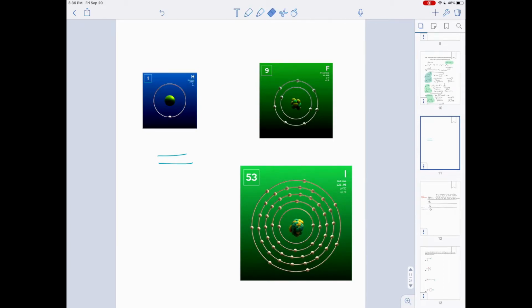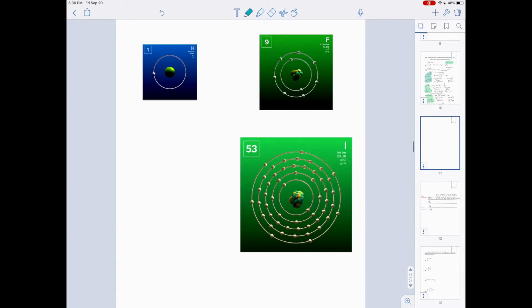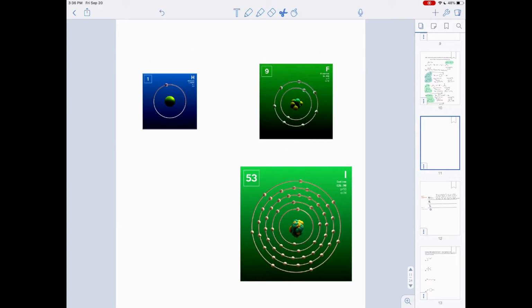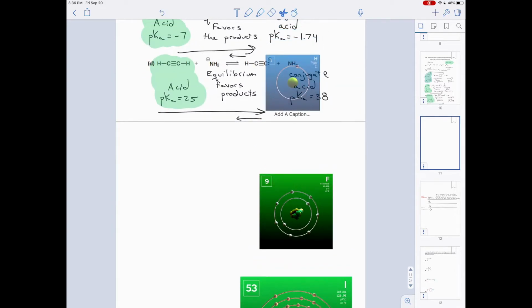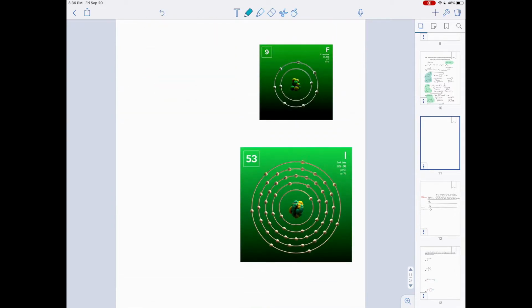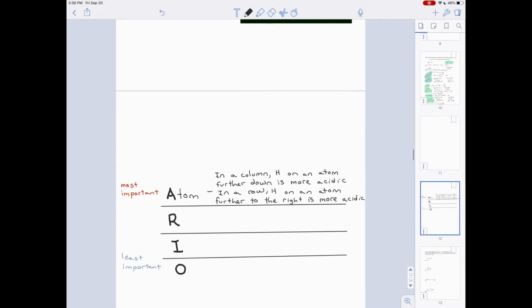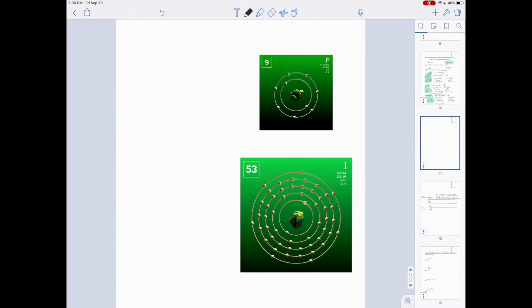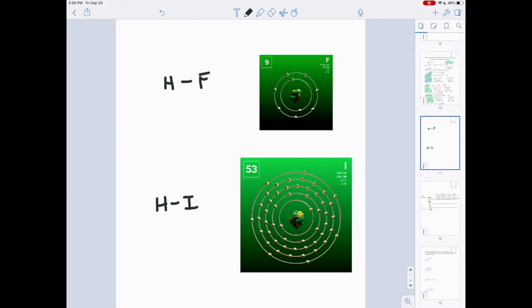So as you go down on the periodic table, atoms get bigger, and the difference that makes is, if you're trying to think about an acid, something like HF and HI, which one of those would be more acidic? Well, imagine that the H really does leave, the H plus really does leave.